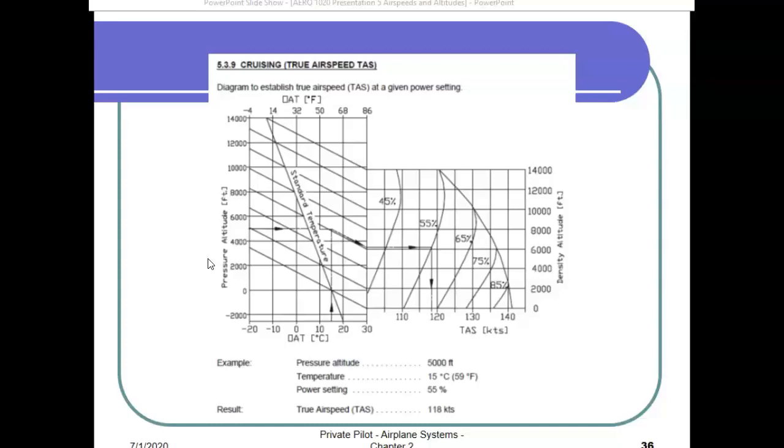It starts with a pressure altitude of 5,000 feet, and you start on the left-hand side at 5,000 feet, and you draw a straight line to the right until you reach the temperature, in this case 15 degrees C. Where those two lines intersect, we start to follow this line down to the next reference line, and then we draw a straight line from there to the right to our percent of power line. From that point where those lines intersect, we draw a straight line down to our true airspeed of 118 knots.